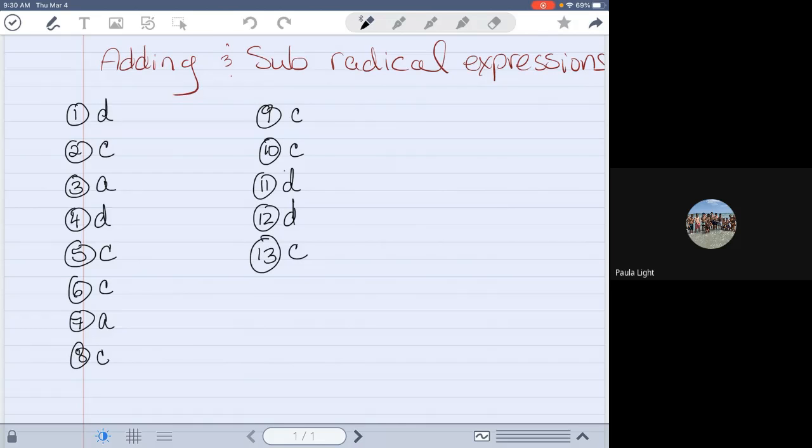So you did have a worksheet last week. It said quiz and it said adding and subtracting radical expressions. And it looked like this. These are the answers to those. Okay?